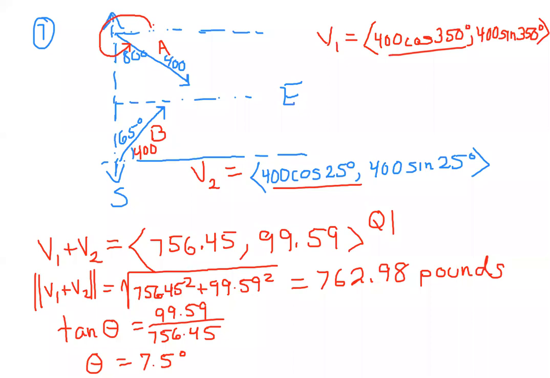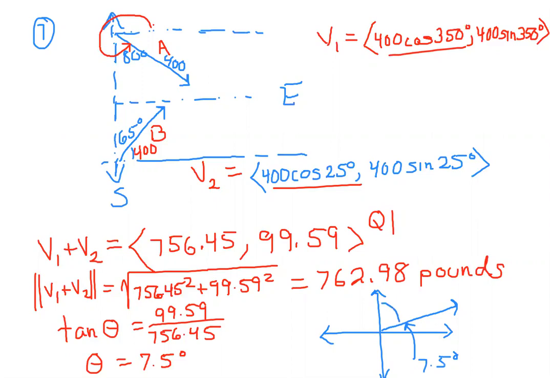For your angle. What does that mean? The problem said to find the magnitude and direction as a quadrant bearing. So let's see what that means. Here are our axes, and our angle is 7.5, so it's right here. To find our quadrant bearing, we have to find this angle.